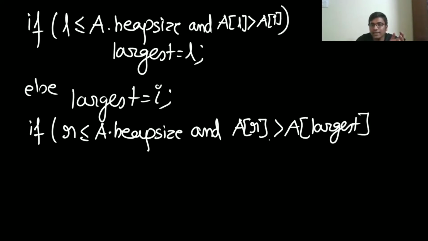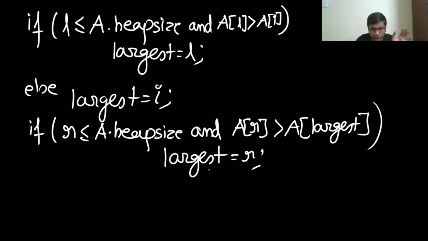Now the right child value I am comparing with the largest element. If A of R is greater, then largest is going to be R. Else part we know it is not required to write, because else part will have whatever it was, L or I, anything it will have.